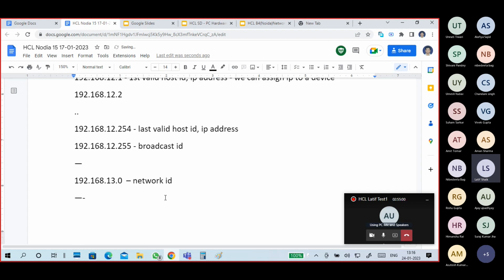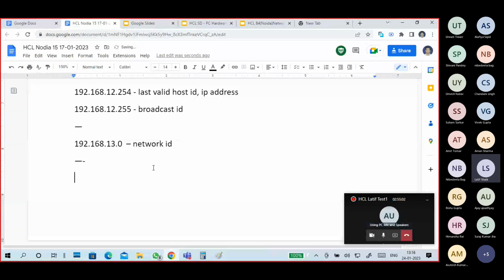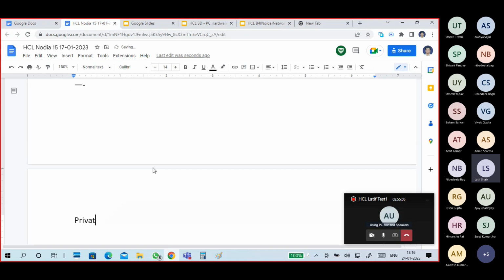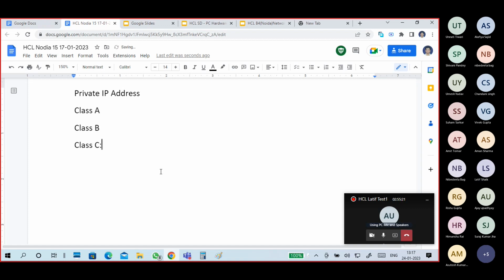Of course, there is private IP and public IP also. We have a private IP address range. I will give the details later.